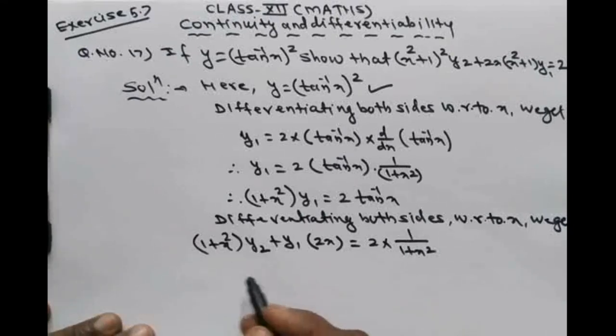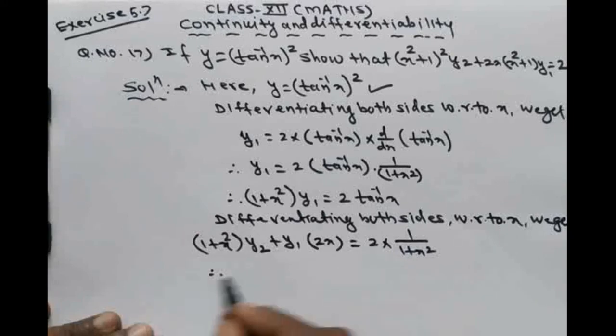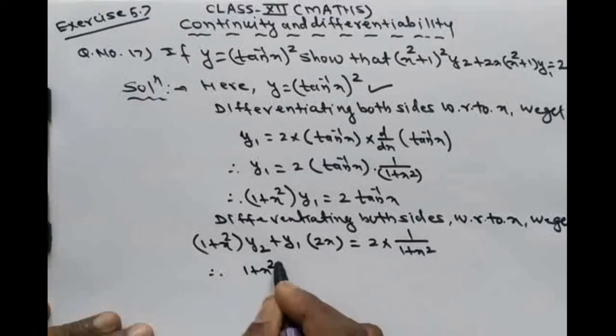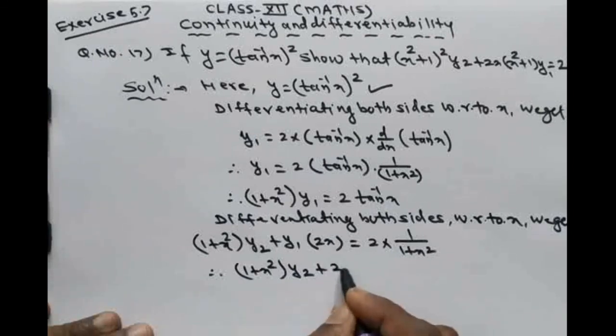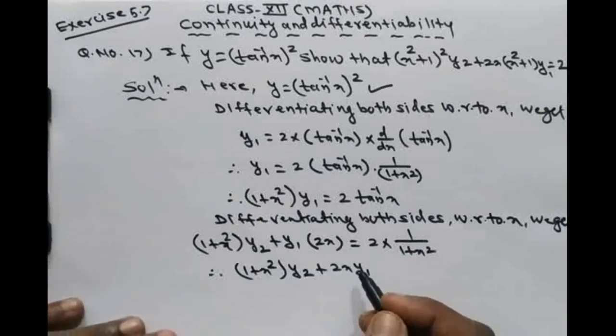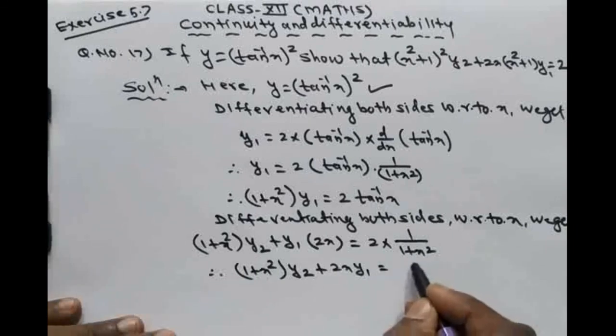Okay, therefore I can write (1 plus x²) into y2 plus 2x y1 equal to 2 upon 1 plus x².